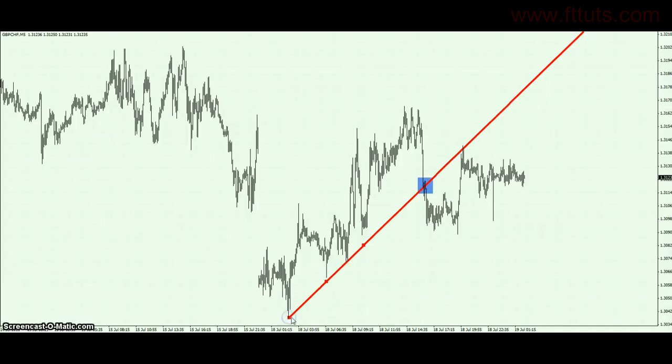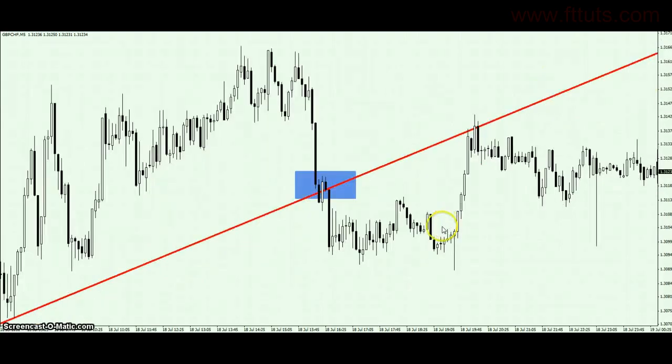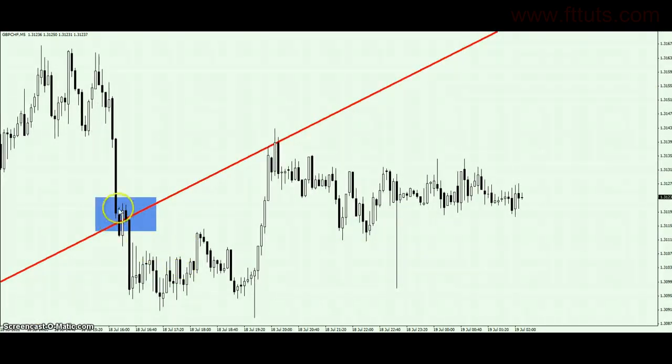I'm just going to tighten up this trend line so it's going point to point, and then we'll have a very clear example. I mentioned in last night's video how sometimes when price reaches that trend line, it can consolidate over and under that trend line. That's exactly what we see happening here.